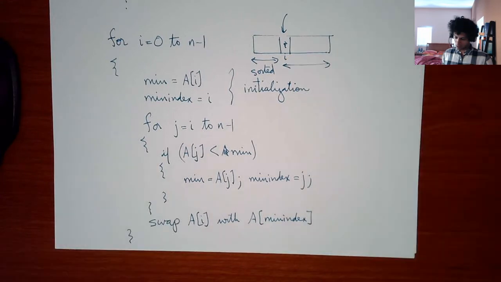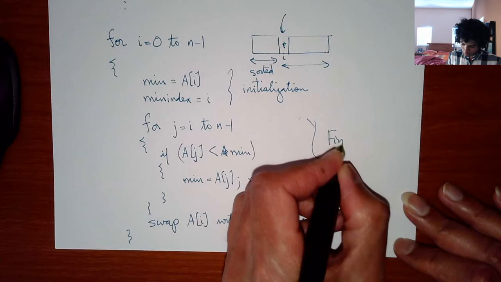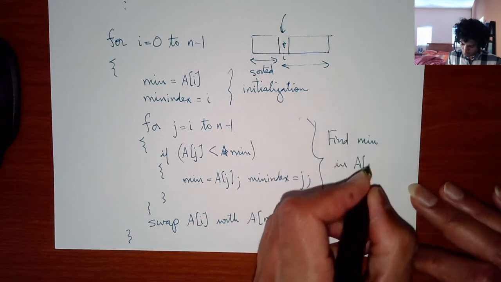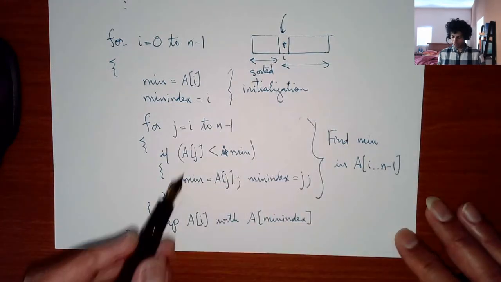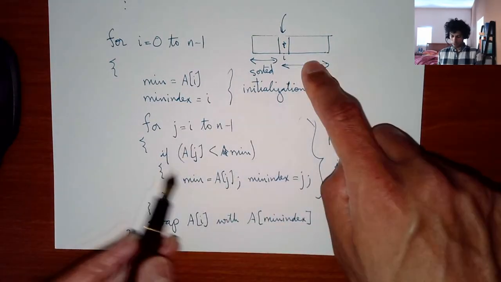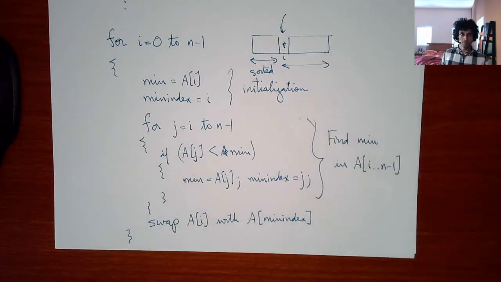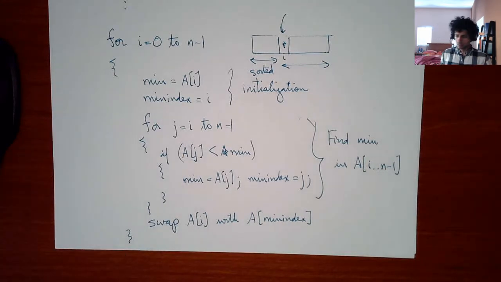This finds the minimum in A of i to n minus 1. So it just keeps tracking j, and if A of j is less than the current minimum, then you update the minimum, you swap, and that's it. Okay, so any questions about this? This is selection sort.